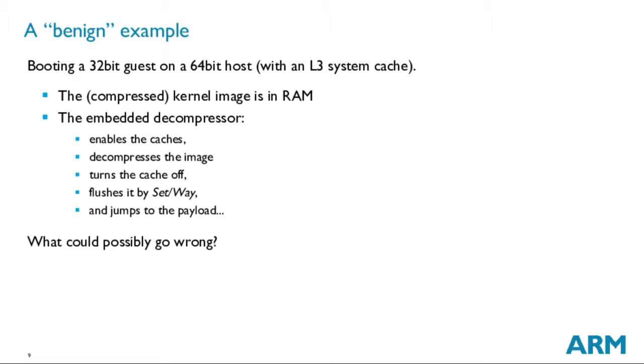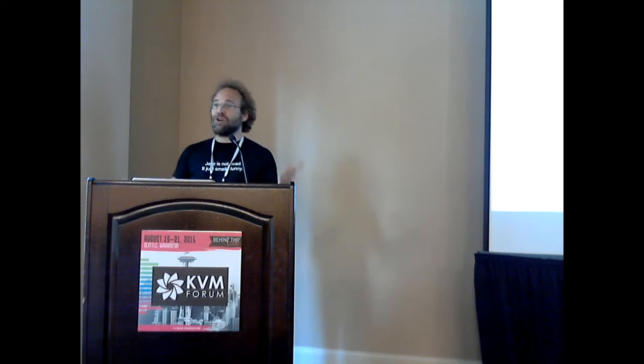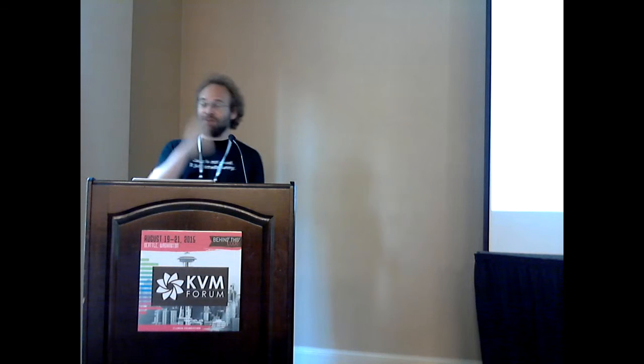The 32-bit kernel is a compressed image with an embedded decompressor. It's quite funny. So you load that, you jump to it, all fine. The decompressor enables the caches, decompresses the image. Perfect. Turns the caches off and does a setway operation to make sure, oh, this is going to be in RAM. It's all fine. And then jumps to the payload.